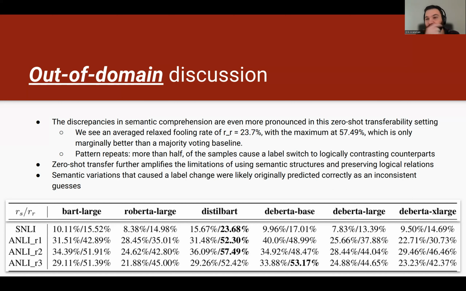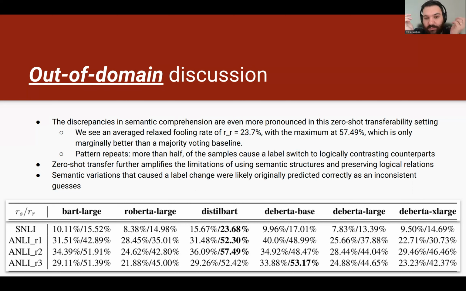Essentially meaning that the original prediction that the model made was either based on some type of weird hack that it found on a data set, or was purely by chance. So semantic variations that caused a label change were likely originally predicted correctly as an inconsistent guess, because the word inconsistent here means it changed, and that is very bad.